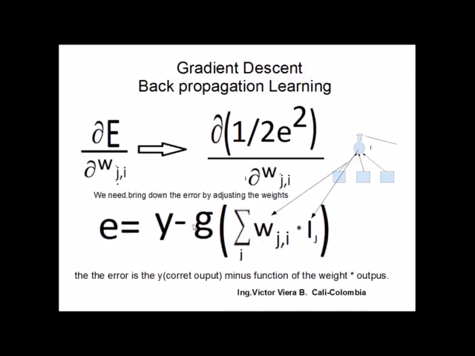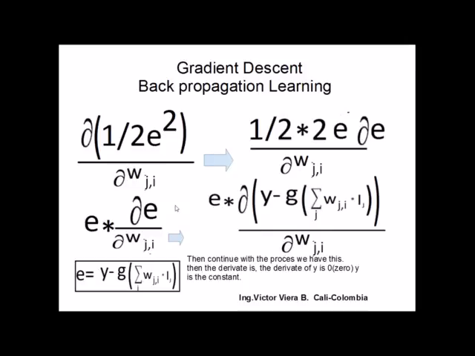Now we need to derive this part. When we derive this part, we need to apply the chain rule, and then we need to bring down the error by adjusting the weight.